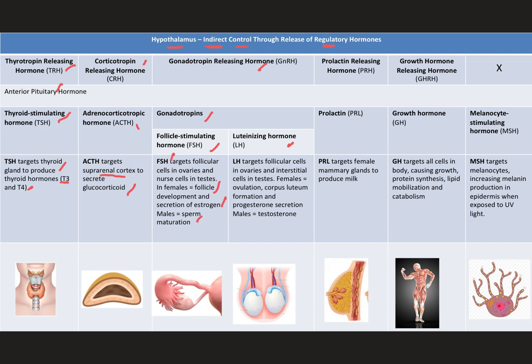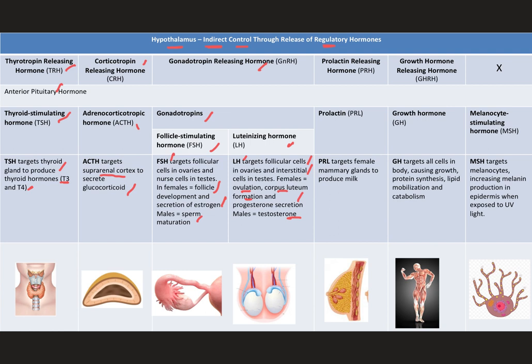With regards to the luteinizing hormone, it will target follicular cells in the ovaries and interstitial cells in the testes. In females, it will be responsible for ovulation, the corpus luteum formation during the ovulation process, and progesterone secretion. And in males, it will be responsible for the release of testosterone.